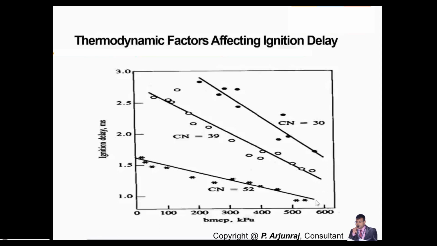There is no ground rule that the brake mean effective pressure will increase with speed. But yes, the brake mean effective pressure of the engine will get increased. At the same time, when comparing diesel with gasoline, the brake mean effective pressure of diesel is going to be higher. It means the brake power of the engine is going to be higher for a diesel, and the thermal efficiency is going to be higher for a diesel.